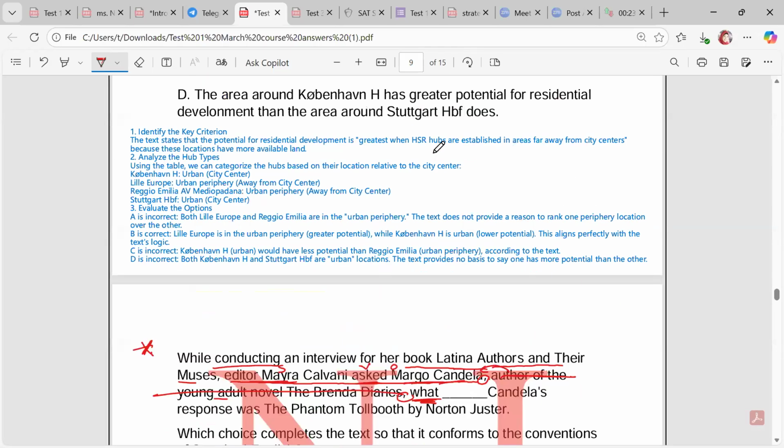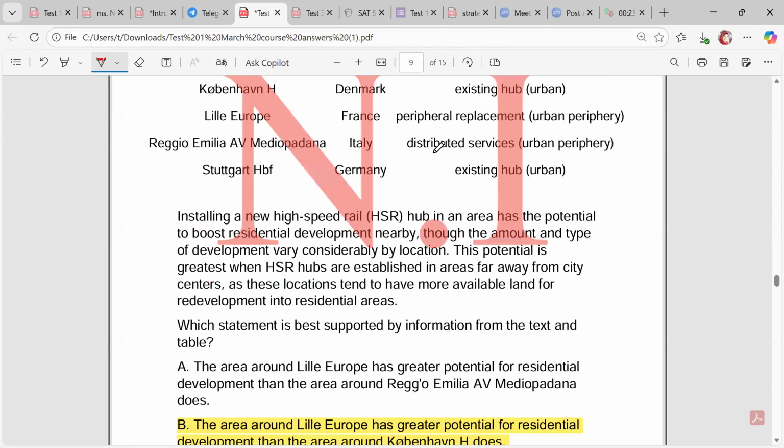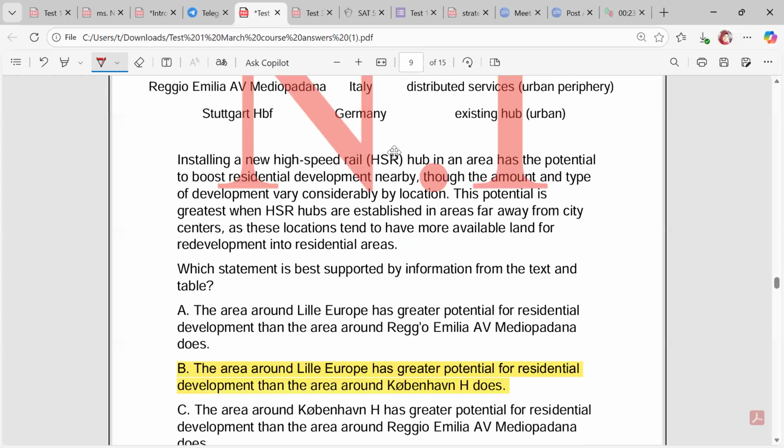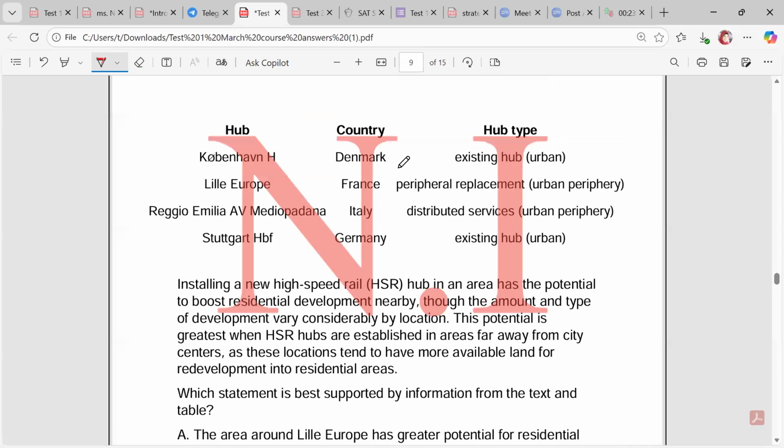Okay, let's go for the next one. These are the writing questions so far. Here, that's a graph question, or quantitative evidence question.